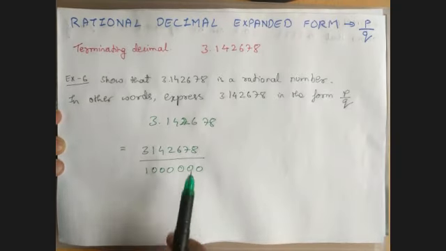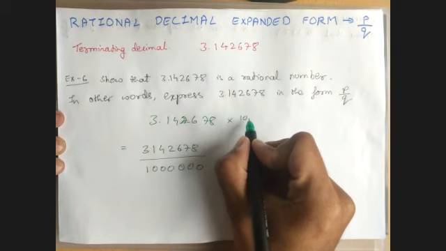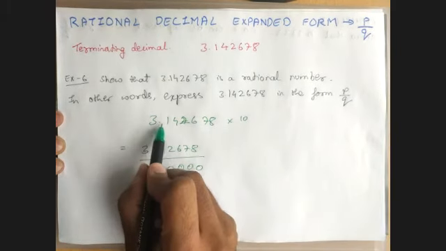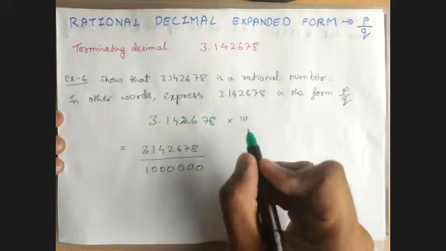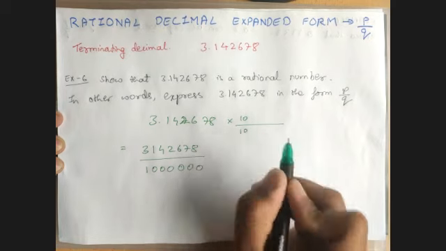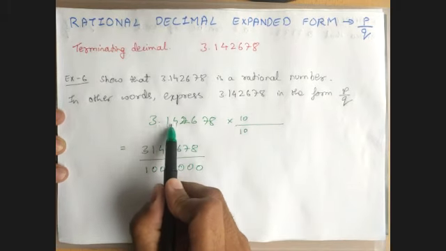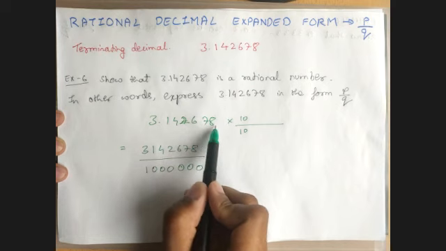How did I know that? Every time I multiply by 10, the decimal shifts to the right. So what I am doing is multiplying and dividing with the same number. So I am moving this decimal right by as many digits as there are.